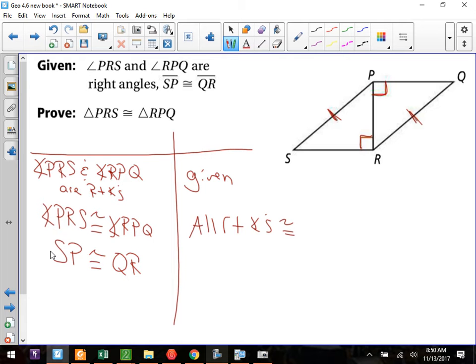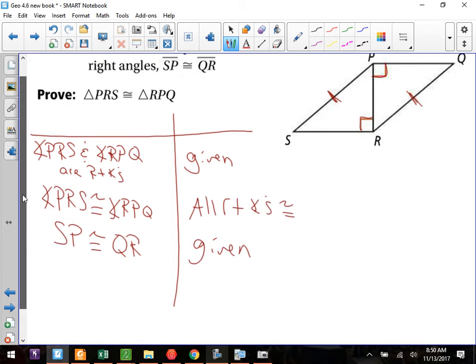So what do I have left to find? Another leg. Where's the leg? Yeah, the reflexive property. Good. Oops, I pressed right given here. So I have my reflexive property of PR.